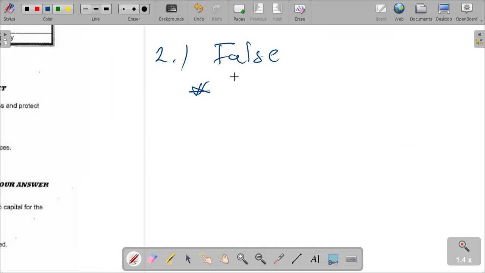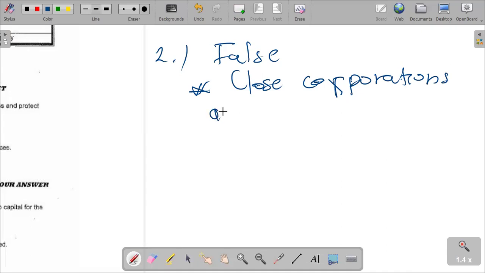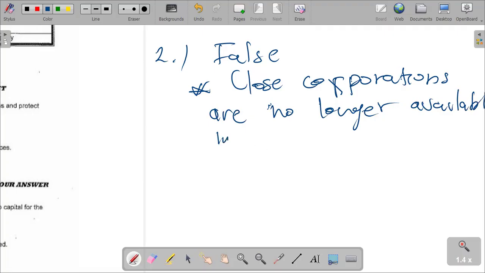What you need to remember is that closed corporation registrations are no longer available in South Africa. So it's not the most suitable form of ownership, right?